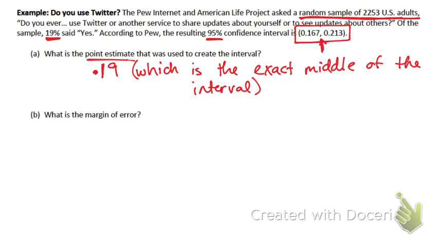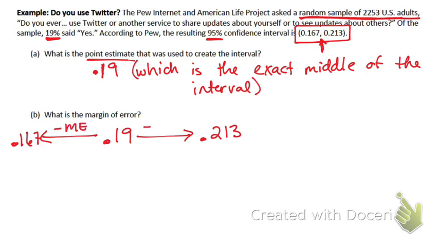All right, what is the margin of error? So, check this out. I got 0.19 smack dab in the middle. My high estimate is 0.213. My low estimate is 0.167. I had to use the margin of error in order to get to both of those numbers.